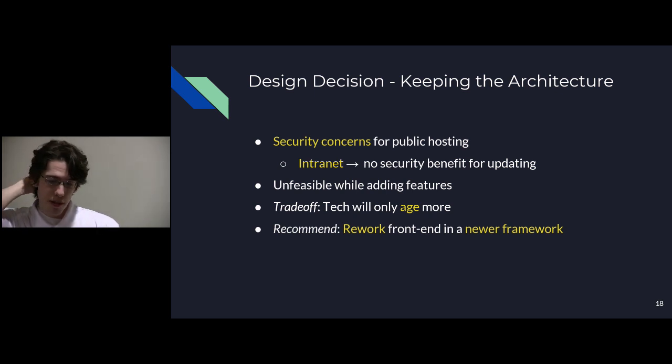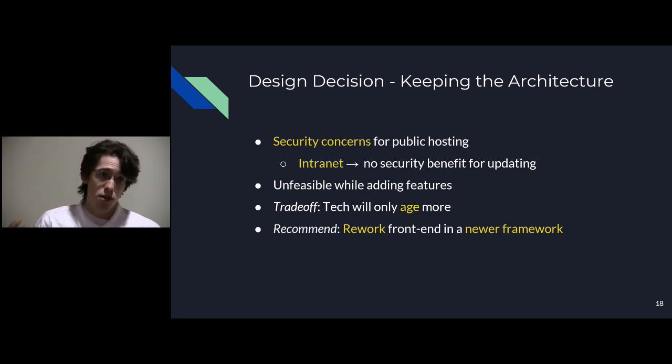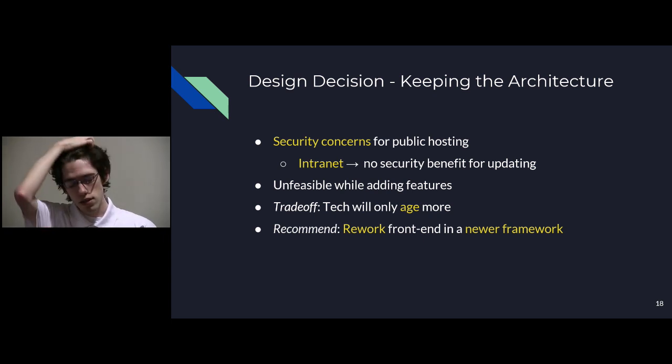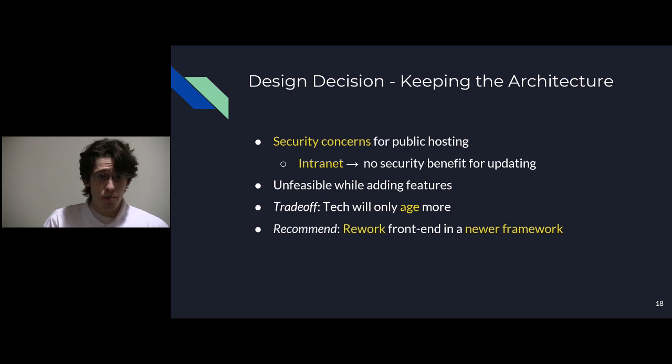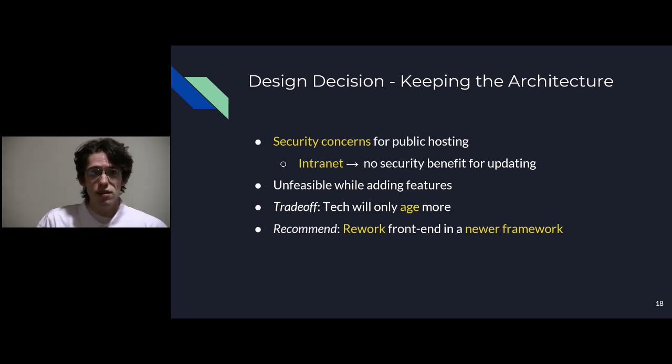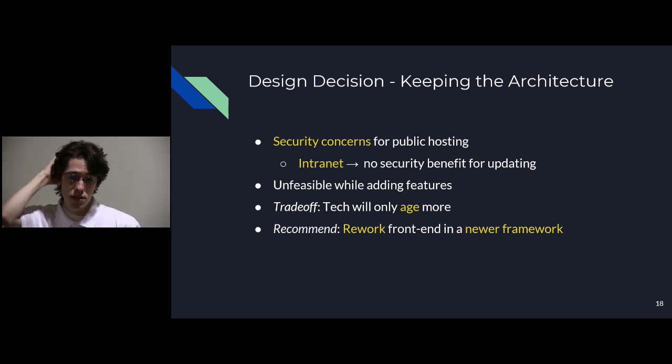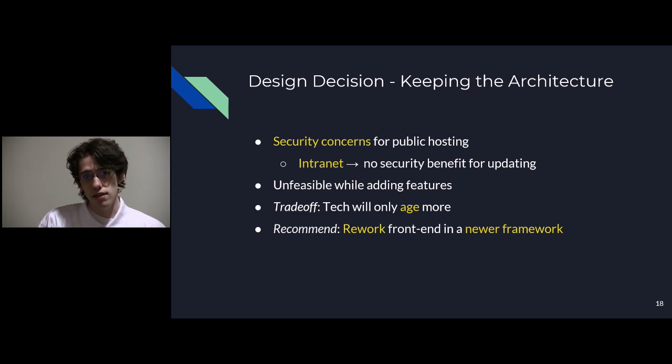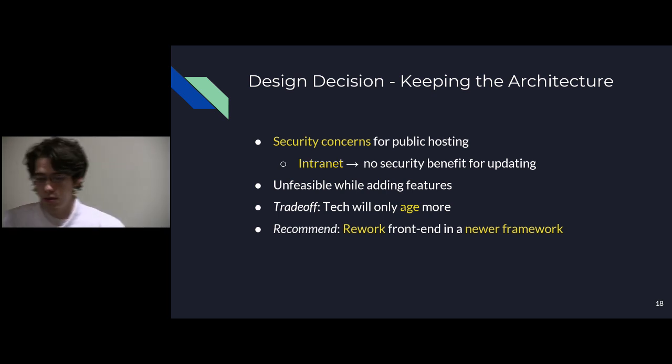Another trade-off of redoing the architecture, more relevant to our project, is that we would have had to explode the scope of the application, which was beyond feasible for the amount of time that we were given in the senior project time period.